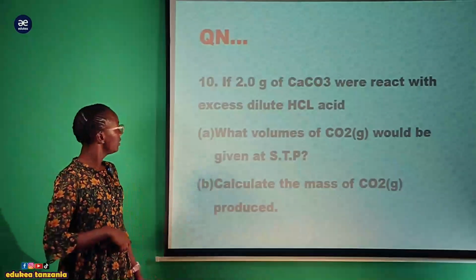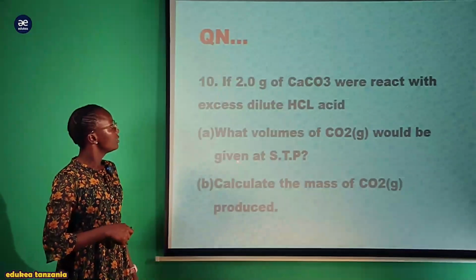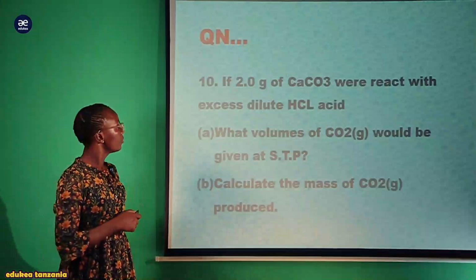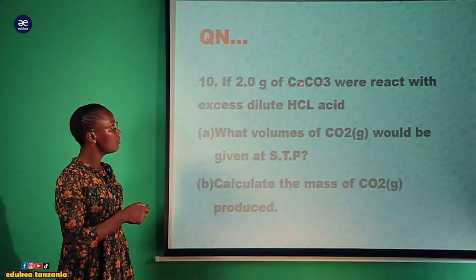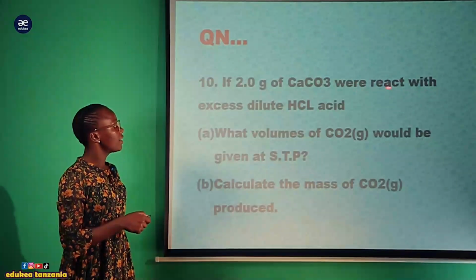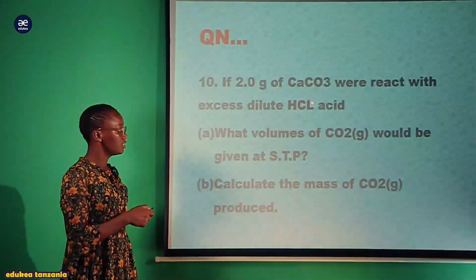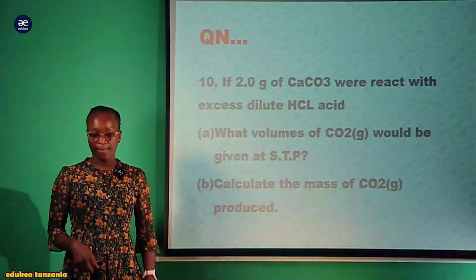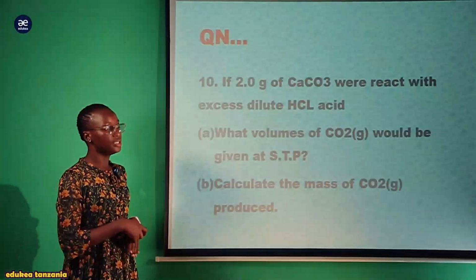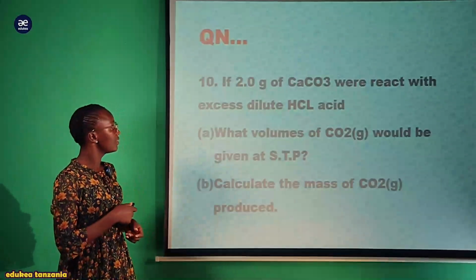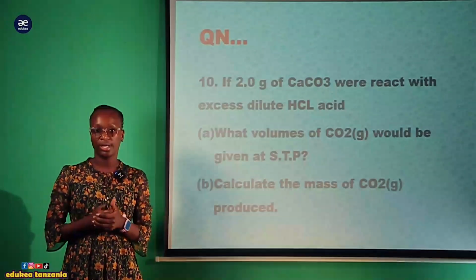Question number 10. Here it is a calculation question whereby we are given the following. If 2.0 gram of calcium carbonate were reacted with excess dilute HCl acid, kwamba hizo gram 2 za calcium carbonate zilireact na excess dilute hydrochloric acid.